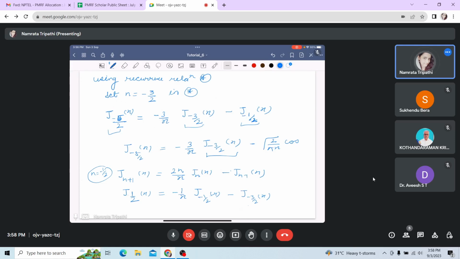Is this correct? Here there is a minus 1, minus is there. Okay, so you can take outside 2 by pi x, 1 by x cos of x plus sine of x.